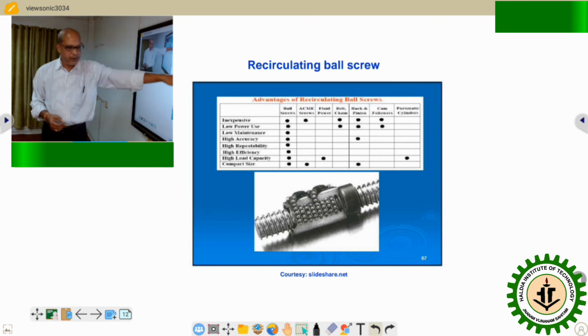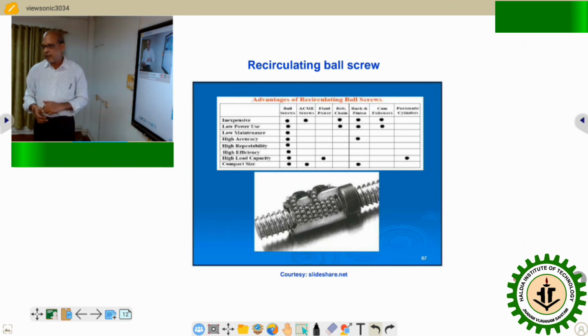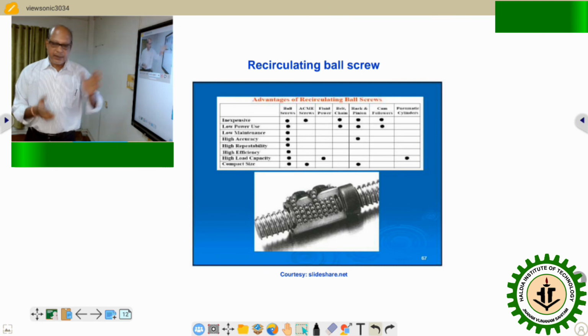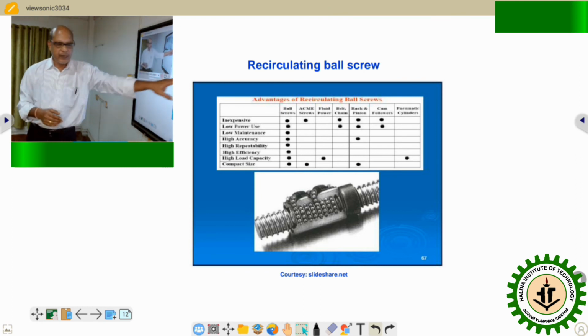It is inexpensive, low power use, low maintenance, high accuracy, high repeatability, high efficiency, high load carrying capacity, and of course compact in size. So it has a significant number of potential advantages as compared to other types of mechanical systems.